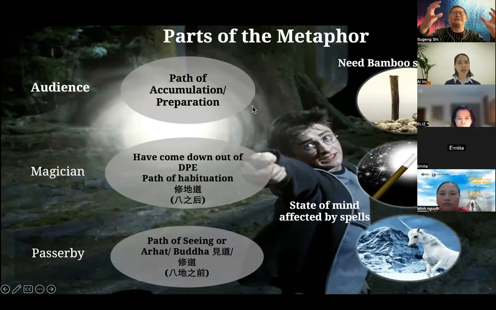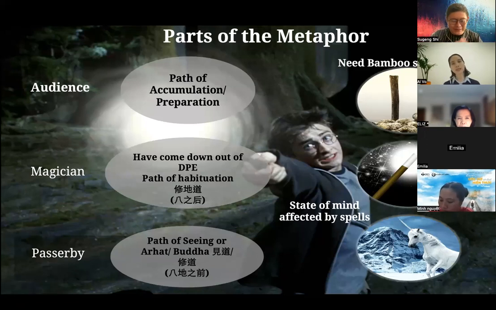We are under the influence of the spell, under the negative influence of the negative emotion. We don't see a bamboo stick as a bamboo stick, but we see a bamboo stick as a horse. We don't see our wife or husband as an angel. We see them as a knowing person.